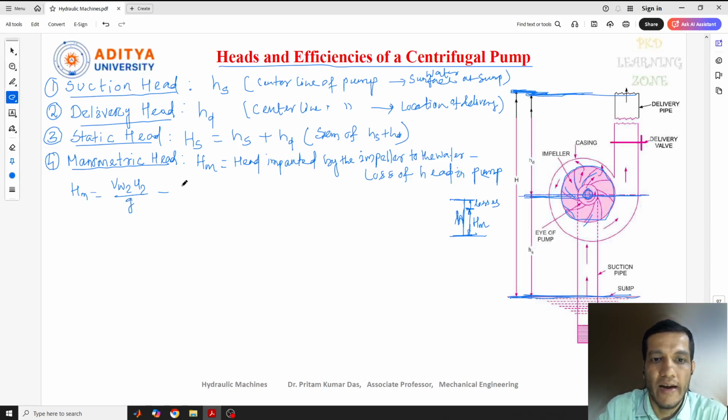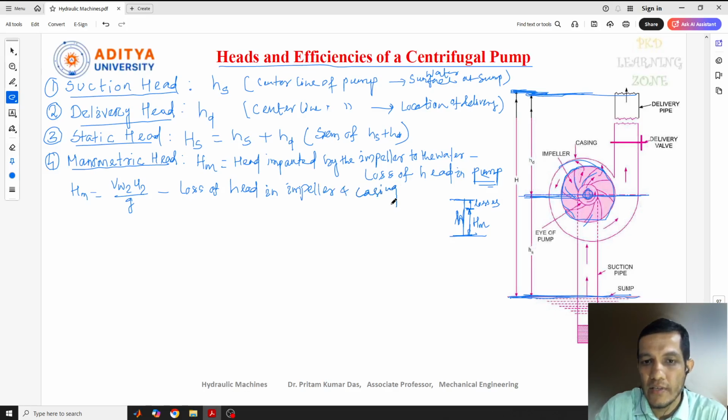And what is the loss of head? We can write the loss of head in the pump. What things are there in the pump? The impeller is there and here the casing is there. So the loss of head in impeller and casing, if any losses are there between these two components, needs to be considered.